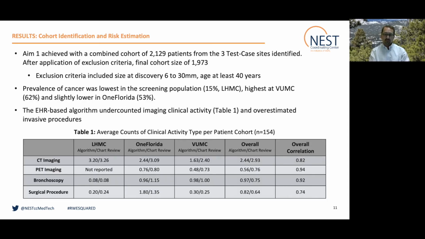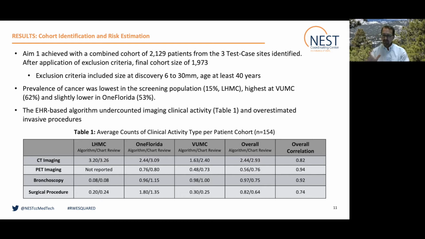Our general results: we had over 2,100 individuals linked from the 3 sites after our set of exclusion criteria, primary of which was limiting the size of the nodule to between 6 and 30 millimeters and the age to over 40, to represent a cohort of individuals with primarily intermediate risk.